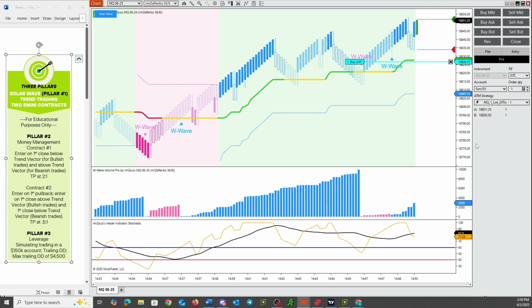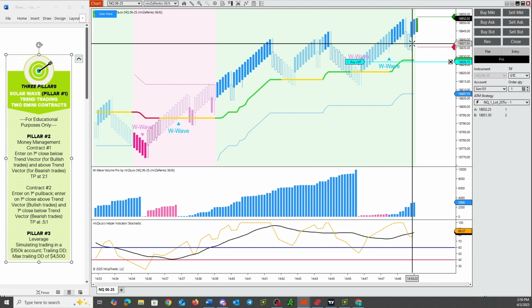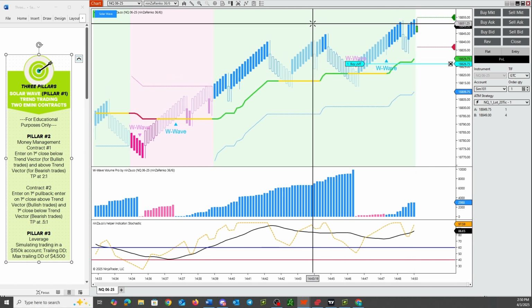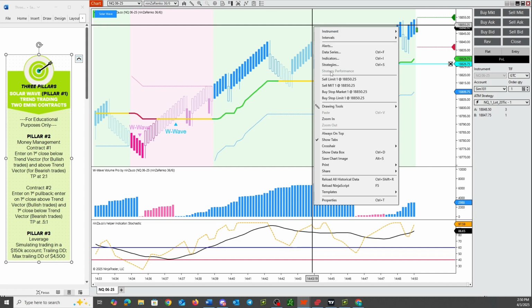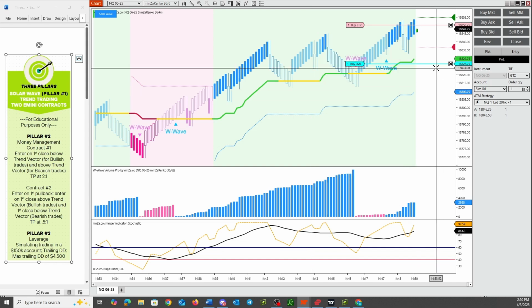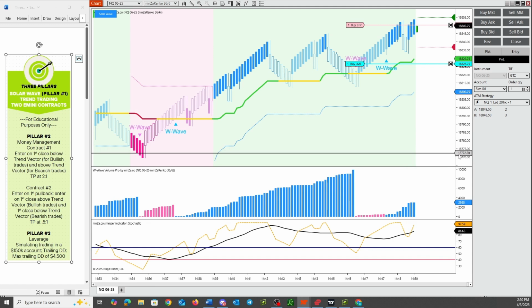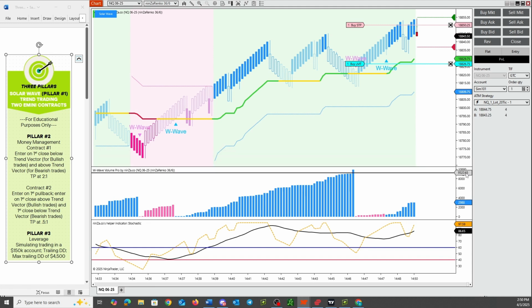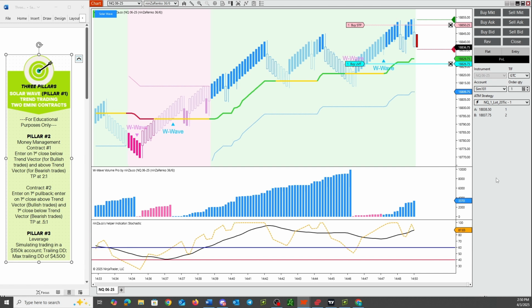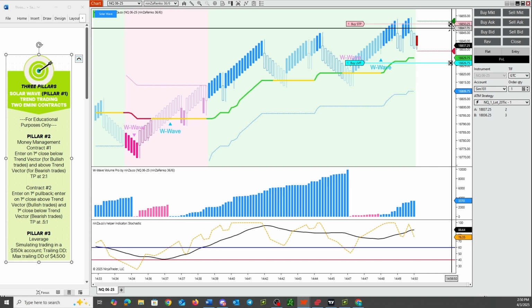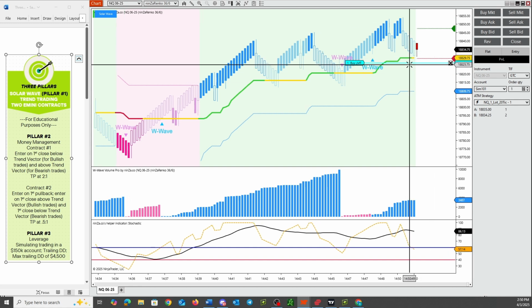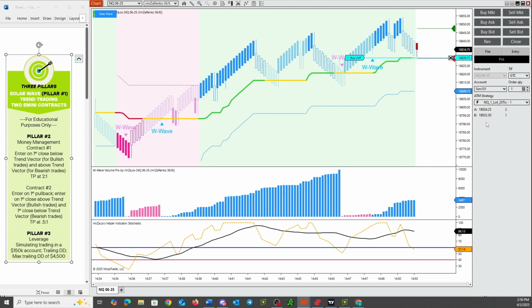And this is what I was talking about earlier, in case it doesn't, this is where we would have gotten in right there, on the buy limit at the trend vector.